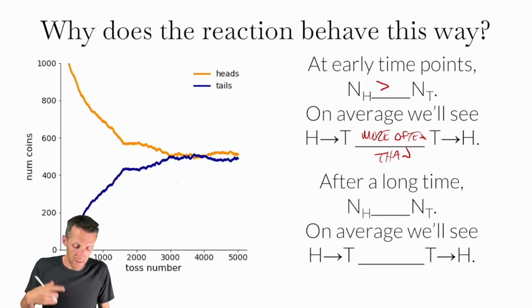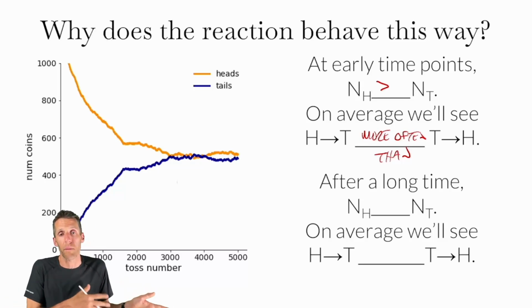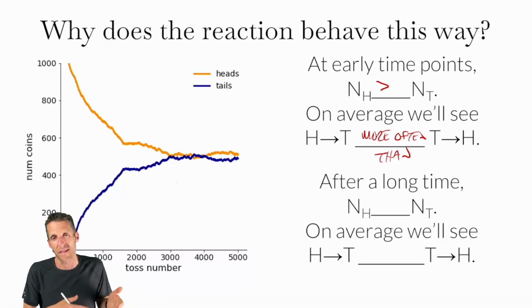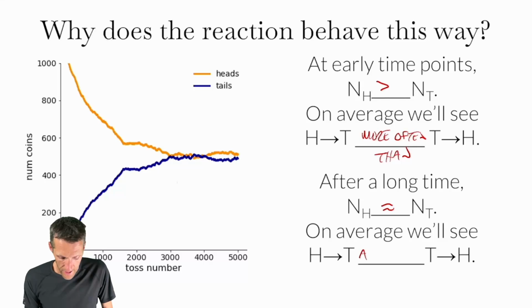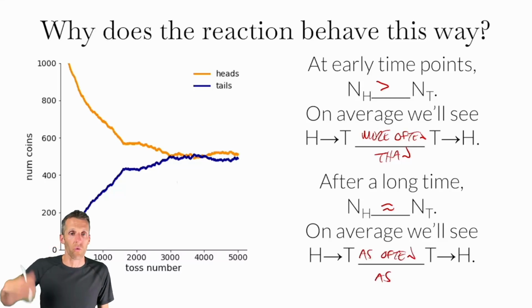I'm going to toss it, and I'm much more likely to see a head to tail transition than a tail to head. But after a long time, the number of heads about equals the number of tails, which means on average we'll see head to tails as often as tails to heads. If I grab from the population, the odds are I pick up a head or a tail with about the same frequency. And so when I start flipping that coin, I end up with the transitions at about the same frequency.